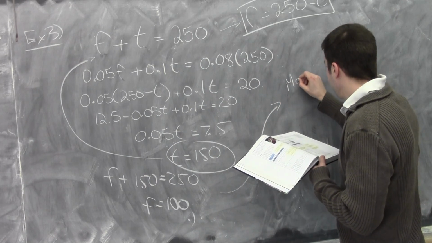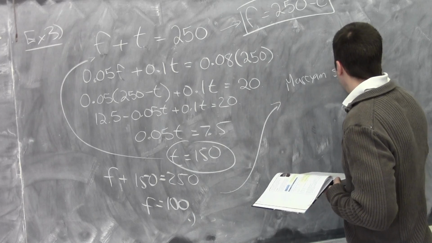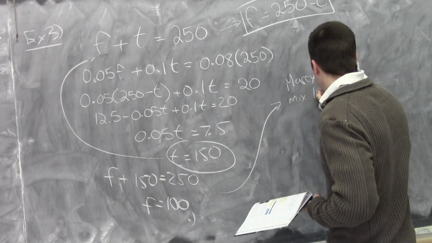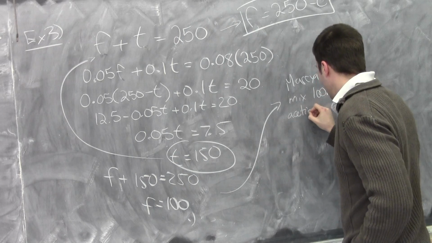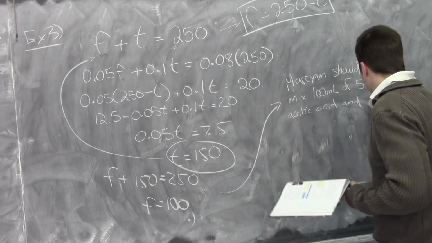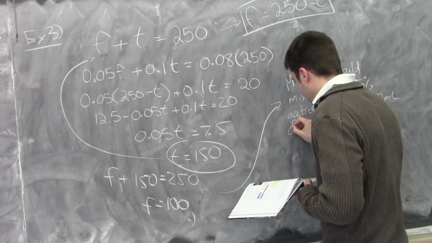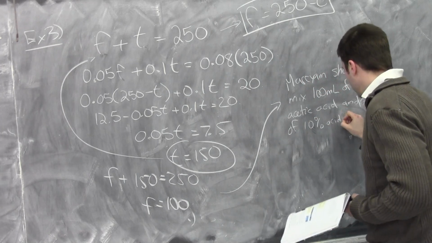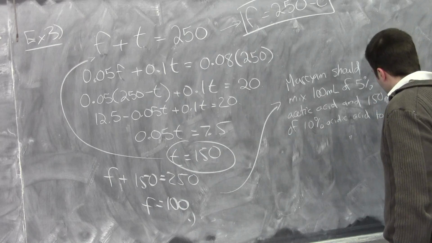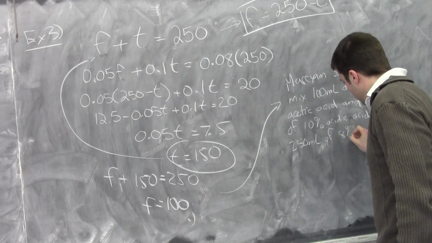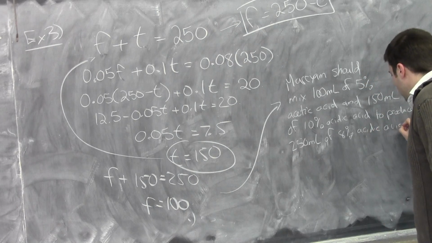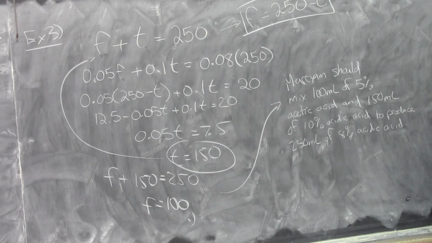So she should mix 100 milliliters of 5% acetic acid and 150 milliliters of 10% acetic acid to produce 250 of 8% acetic acid. Any questions there?